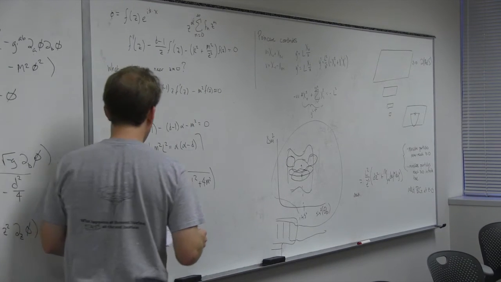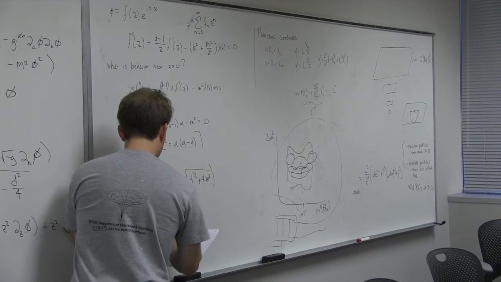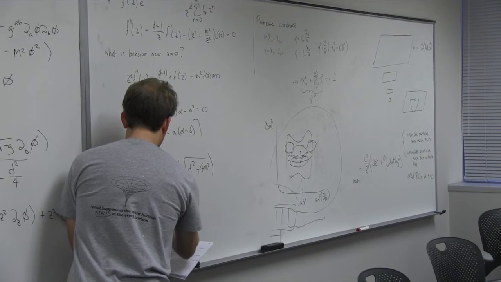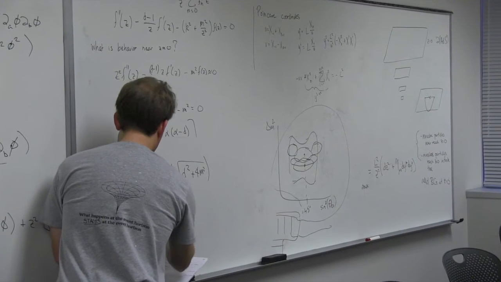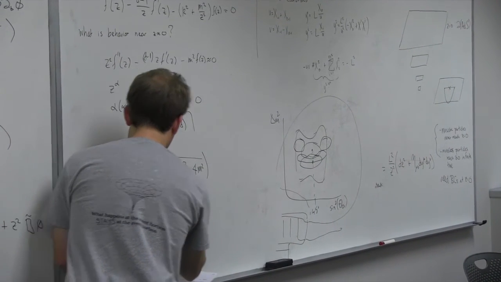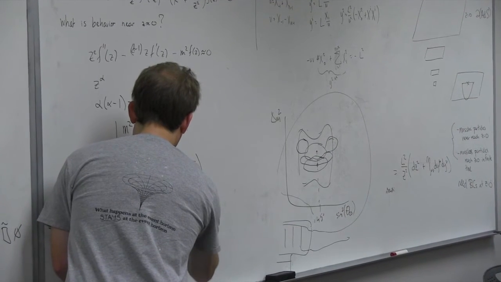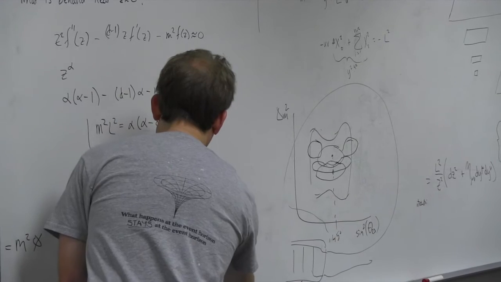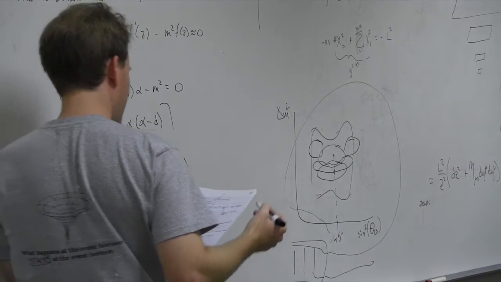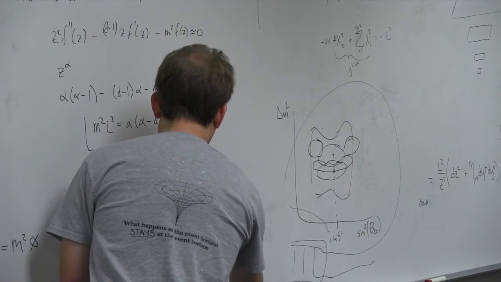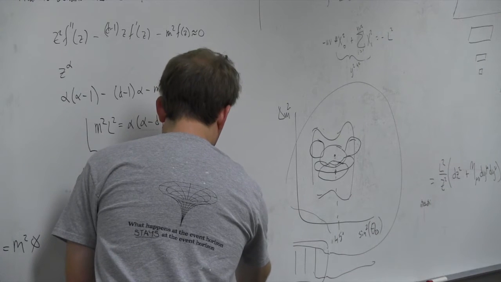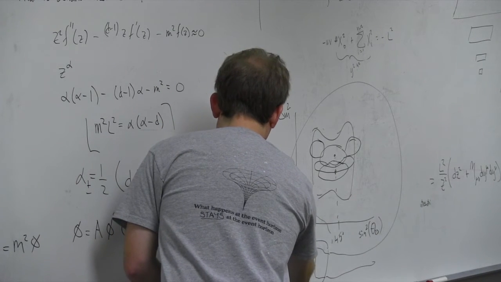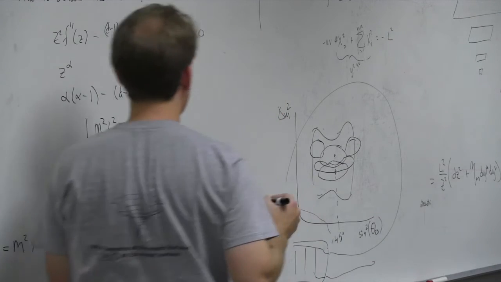So that tells me that near the boundary, phi, it's a second order differential equation, so I'll have two solutions, which I'll call phi 1 and phi 2. So this is general, of course. But then near the boundary, one of them will behave like z to the alpha plus, and one of them will be like z to the alpha minus.